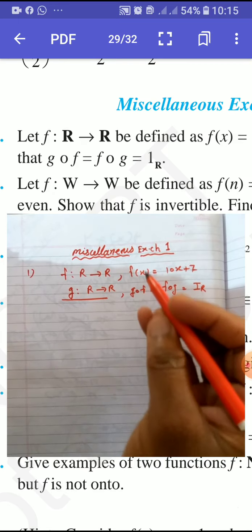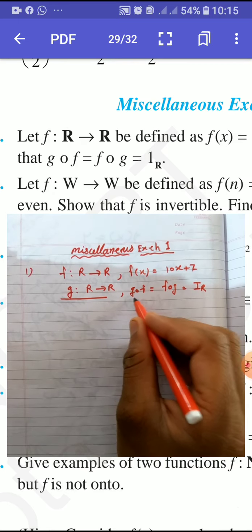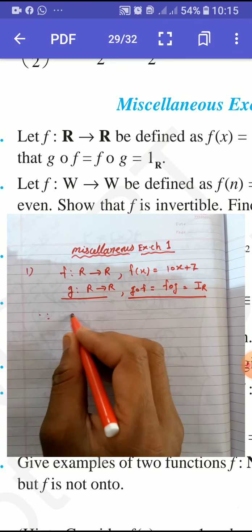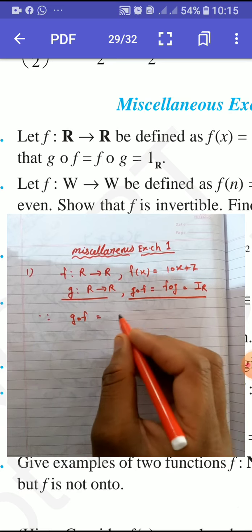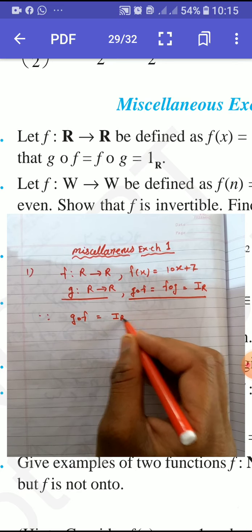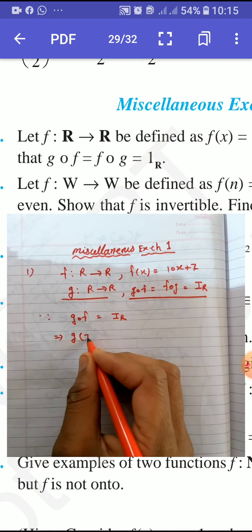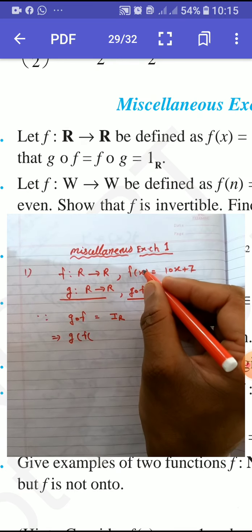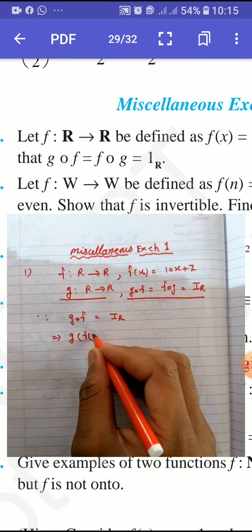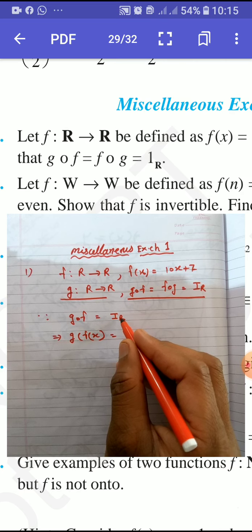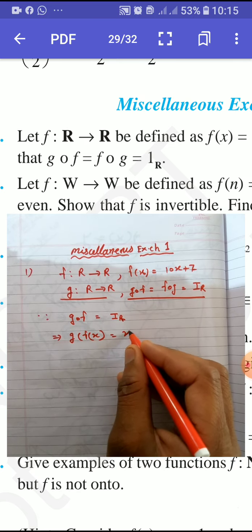Let us see by this definition. Since gof = I_R, this implies g(f(x)) = x. Since the domain of the function f is x, you can write g(f(x)) equal to, in place of I_R, the identity function denoted by x.